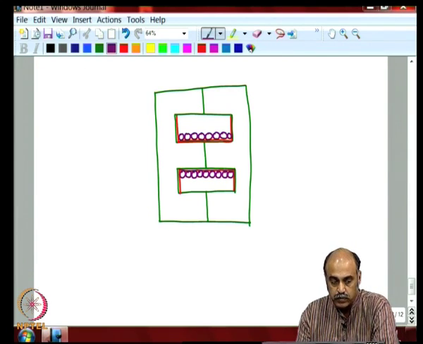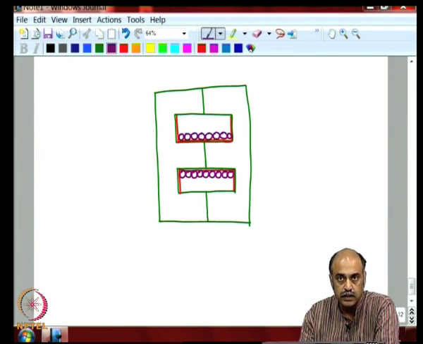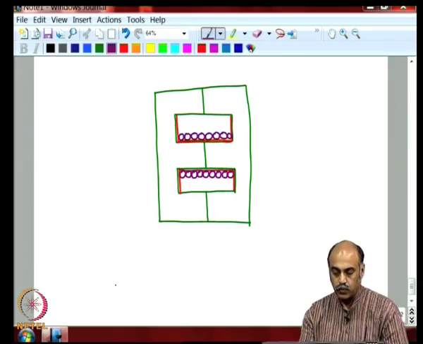So, this is how it would appear. To picturize this better, let us go back again and have a look at the real inductor core.